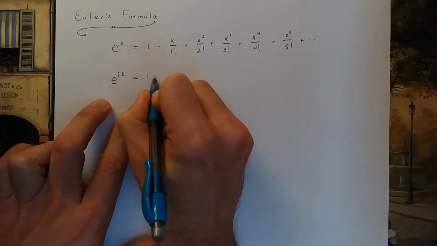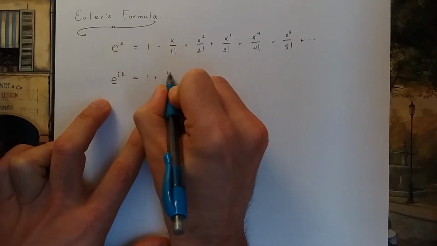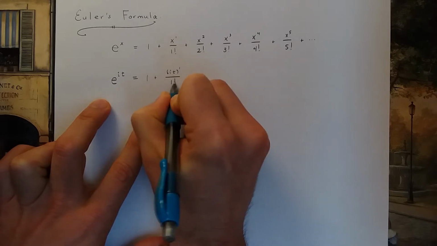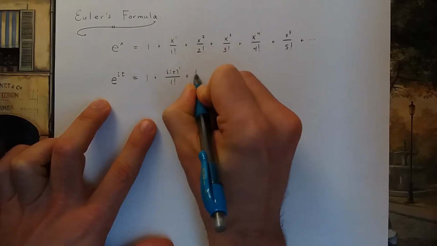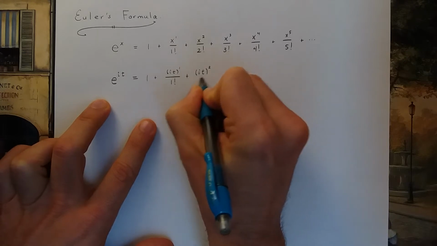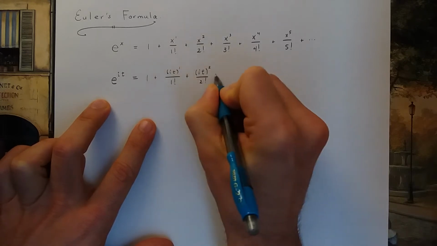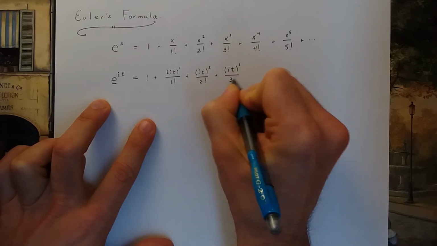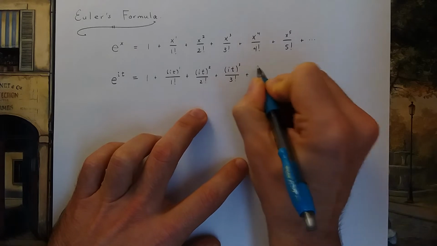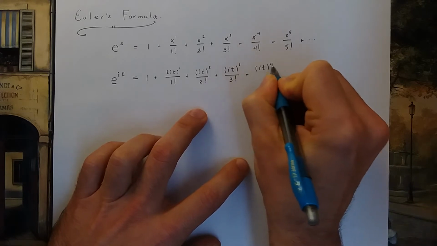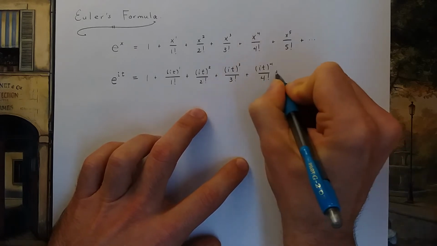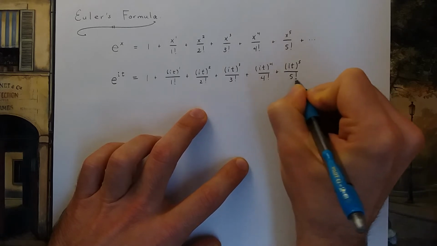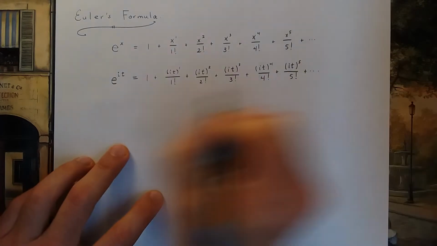So I get 1 plus it to the first power over 1 factorial plus it squared over 2 factorial plus it cubed over 3 factorial plus it to the fourth over 4 factorial plus it to the fifth over 5 factorial, and so on.